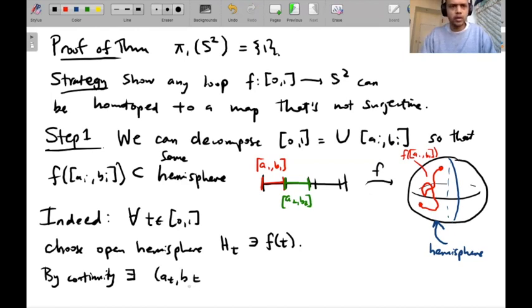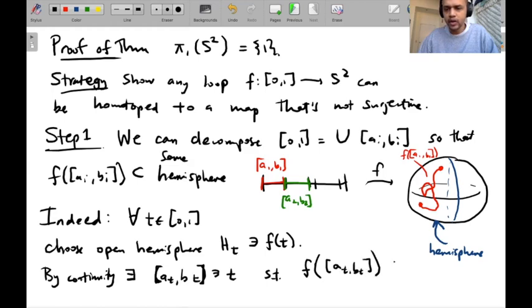Okay, an open interval containing t, so that the image of this is contained in, actually, let me make it a closed interval. The image of A_t, B_t is contained in H_t. Okay, so continuity gives us this quite easily.